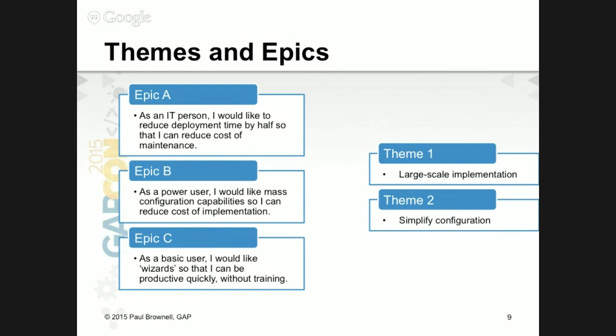So in addition to the hierarchy of epic and child stories, there's often an overlay of themes, so that if you're doing a sprint that's all about configuration, you can take all of the child stories related to that theme, even if they cross multiple epics. So you can have a relationship like this, where Epic B supports 2 different themes, but Epics C and A only support one theme or the other.